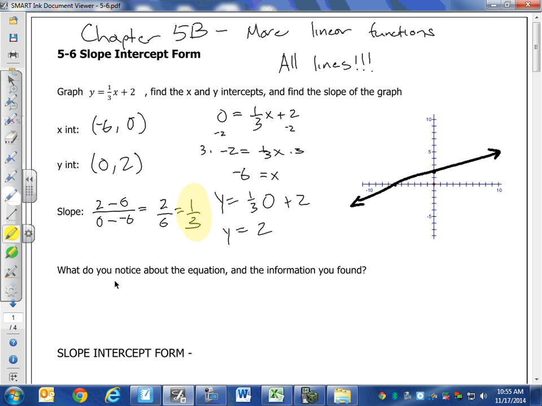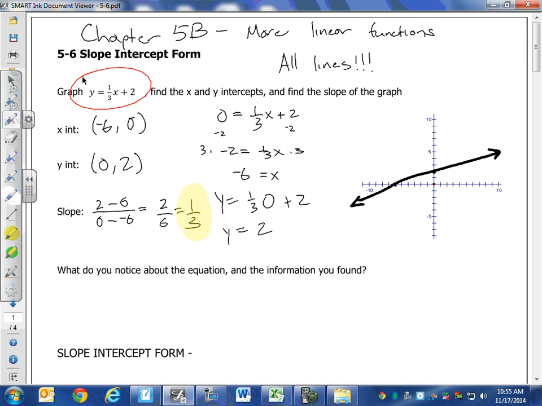Well, what do we notice about the equation and the information I found? This is a linear function, yes. But I found the x-intercept, I found the y-intercept, and I found the slope. And those x, y, and slopes came from this equation. What do I notice?